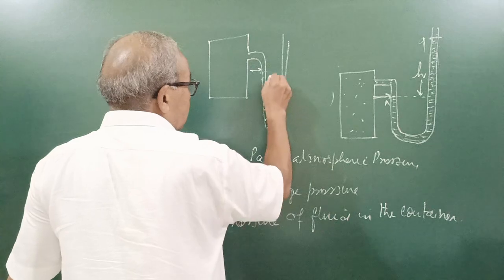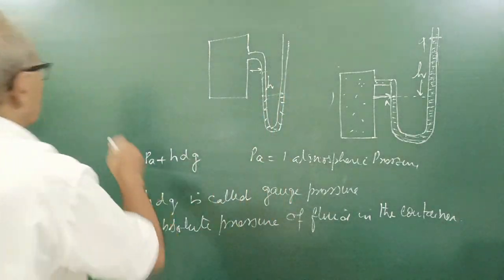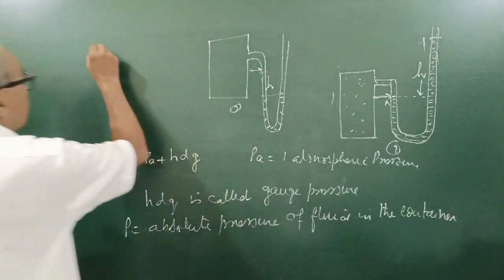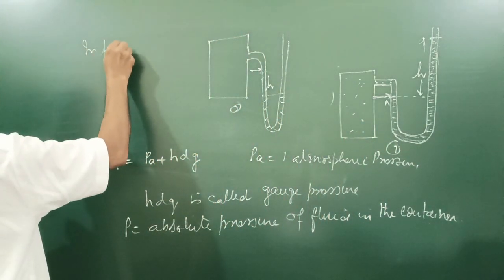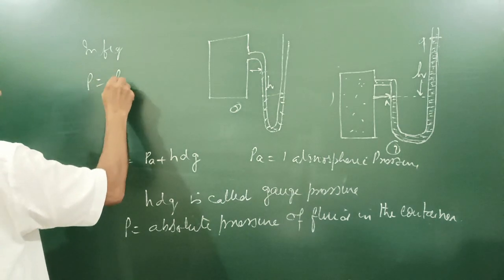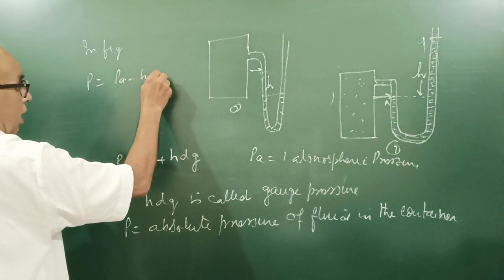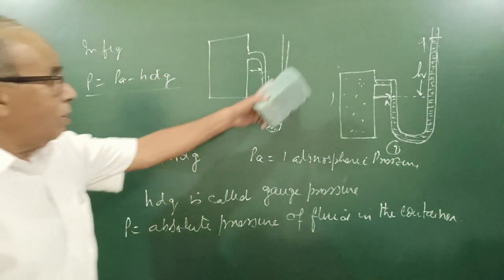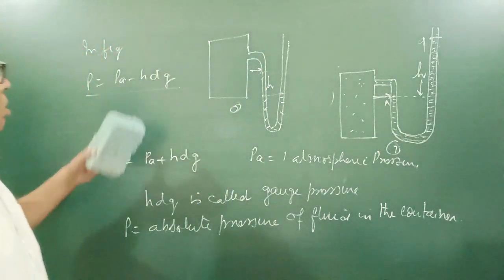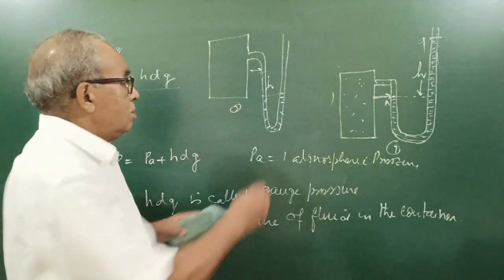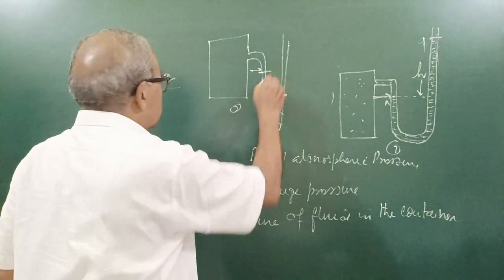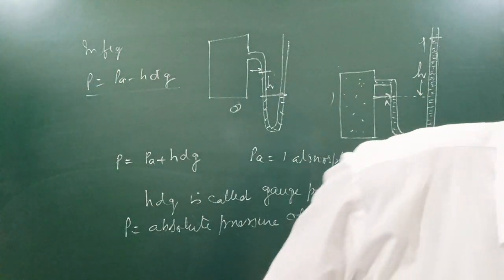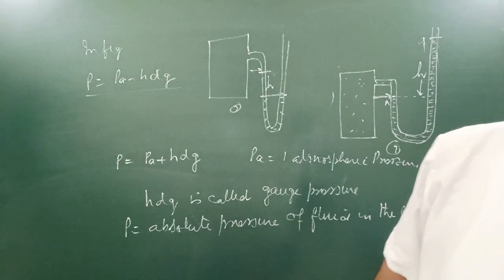Now in figure 2, P equals PA minus hdg, where d is the density of the liquid in the U-tube and h is the difference of the level in the two limbs. So that way we can measure the pressure of liquid enclosed in a container.